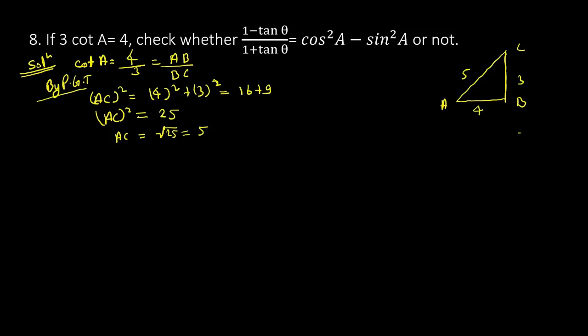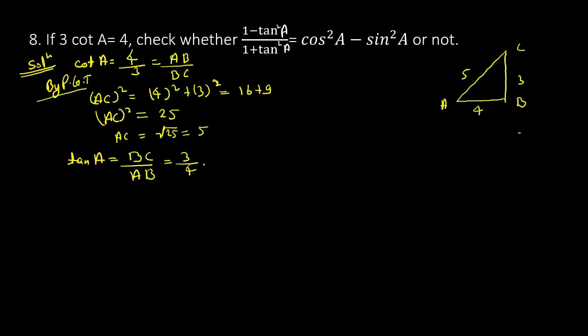Now firstly we will find the value of tan A, cos A and sin A. It is written by mistake; this one is not theta, this one is A. So tan A will be BC upon AB, equal to 3 upon 4.